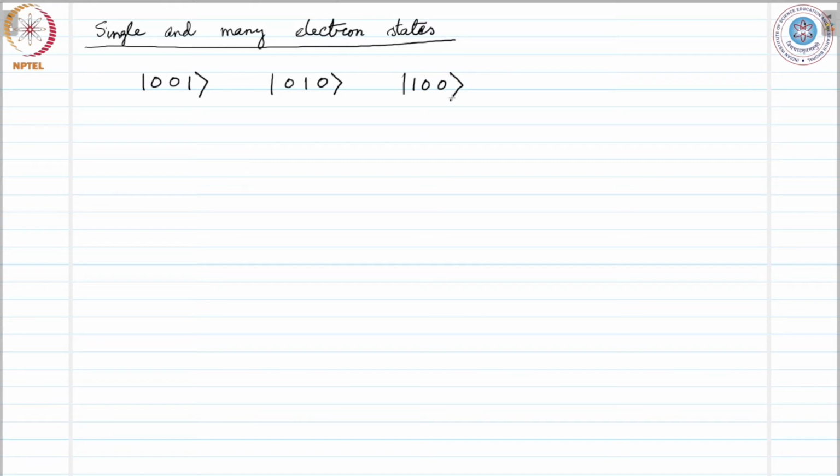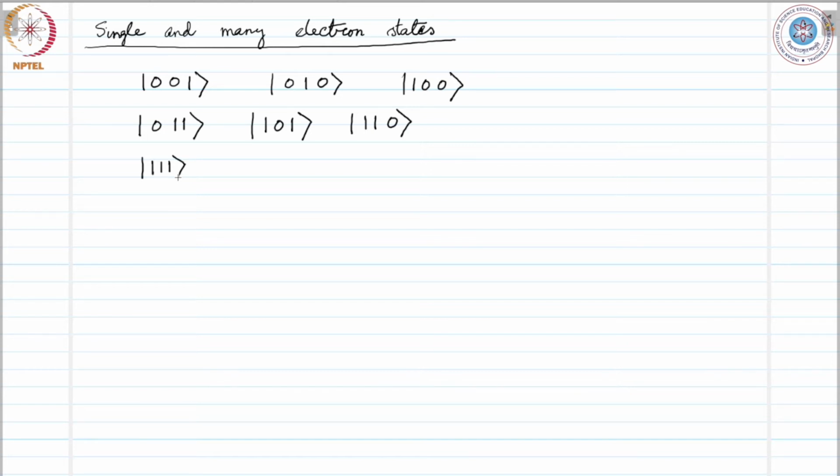This is for one electron being filled. If we have 2 electrons filled, it may be like 0, 1, 1 or 1, 0, 1 or 1, 1, 0. And if all single particle states are filled, then the 3 particle state would look like 1, 1, 1. That's the only possibility for that.